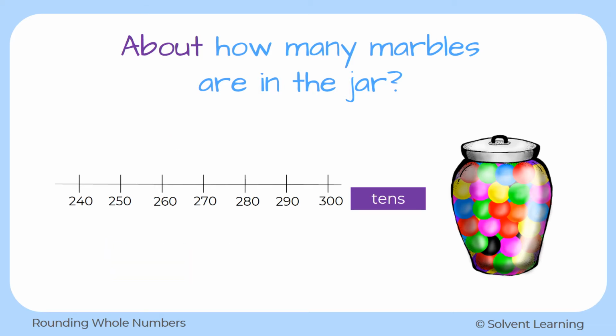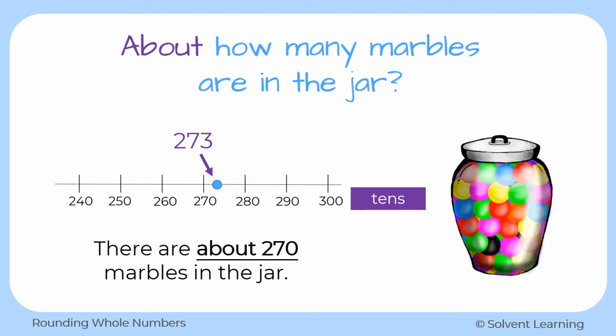Now what if our number line was broken down by tens instead of hundreds? This time, when we place our number 273 on the number line, we can see that the tens that it's closest to is 270. So if we want to round our number to the nearest tens place, it would be 270.